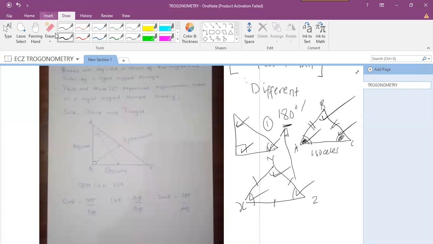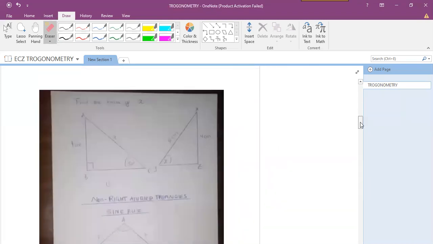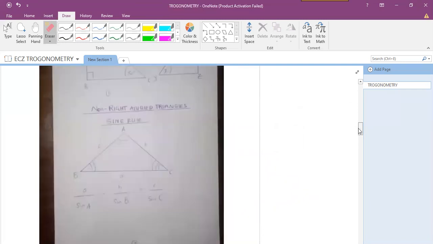On that note, let's go into the trigonometry of right angled triangles. So this lecture, we're going to start off with trigonometry of right angled triangles, where, let me give you a brief outline, we talk about SOHCAHTOA. After talking about SOHCAHTOA, we're going to move on to non-right angled triangles.